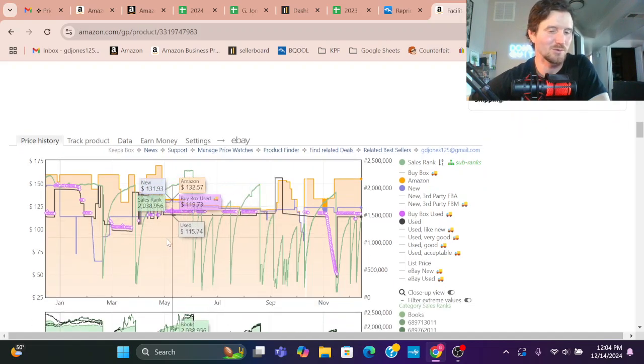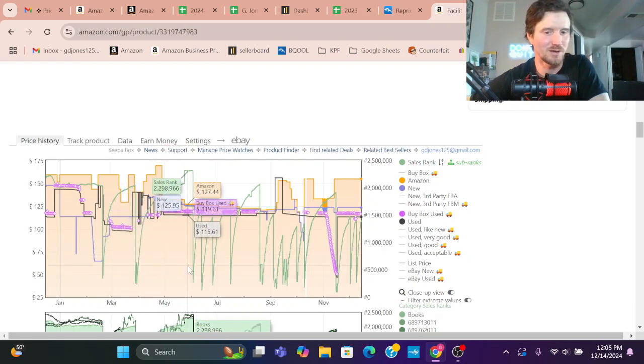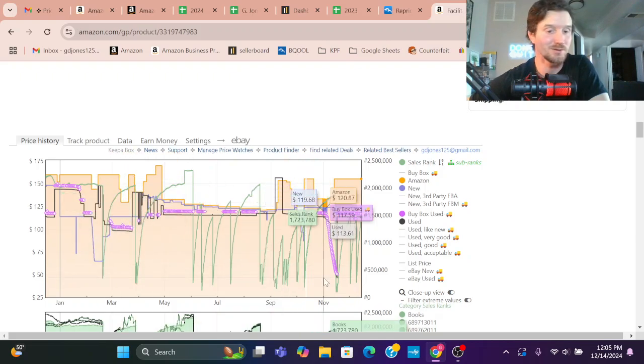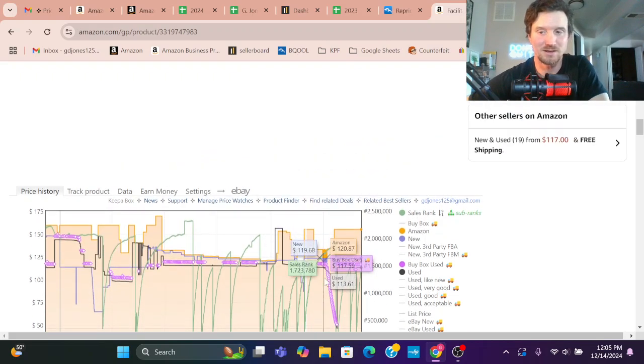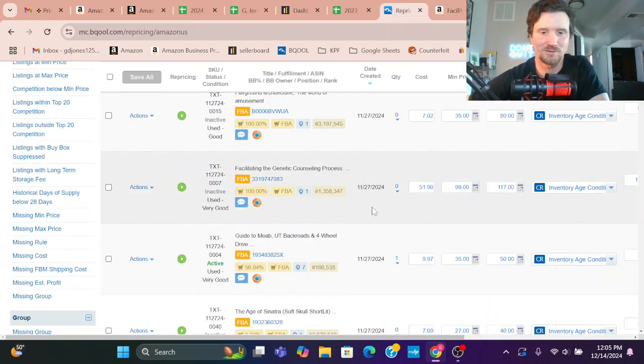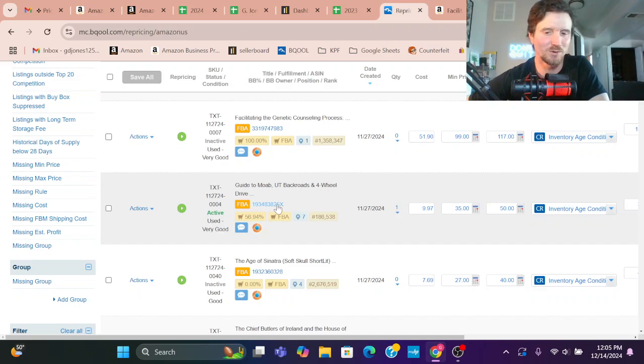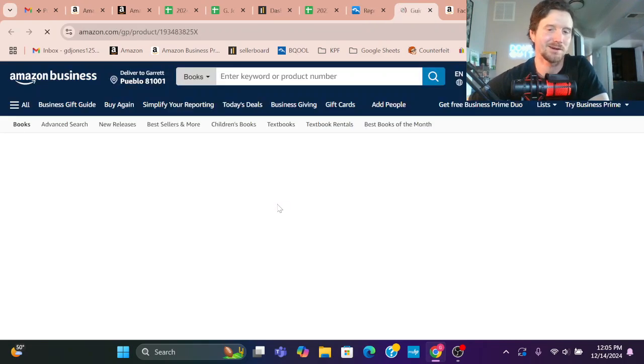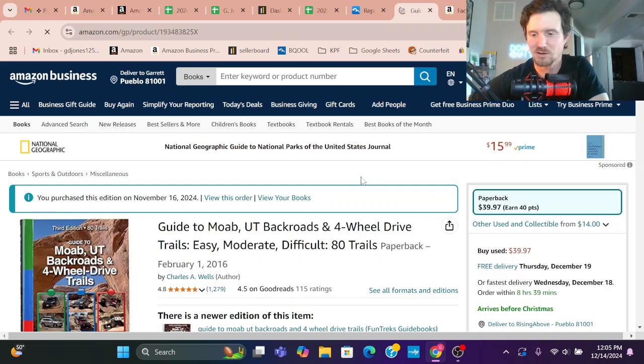But since this book doesn't sell as much, there's going to be less people like that looking at this book. If it sold like crazy, there's going to be more people that are like, yeah, I'll save $1, for whatever reason, and there's going to be more people looking at it. And then you can hug that new price a little bit more.